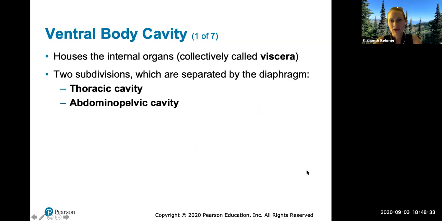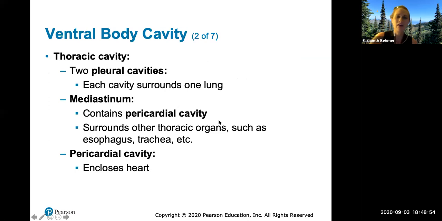This takes you through kind of what I just described. All of your internal organs, we collectively call them viscera. And then we'll talk about membranes that are visceral membranes that will cover those organs. And then we separate the ventral body cavity into an upper superior thoracic and lower inferior abdominopelvic cavity.